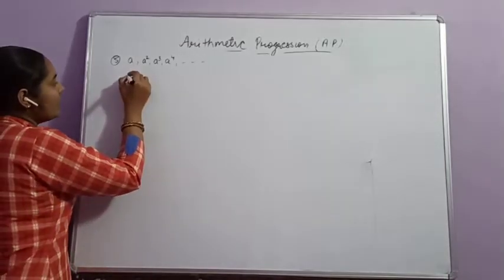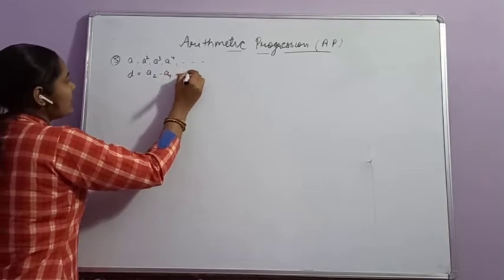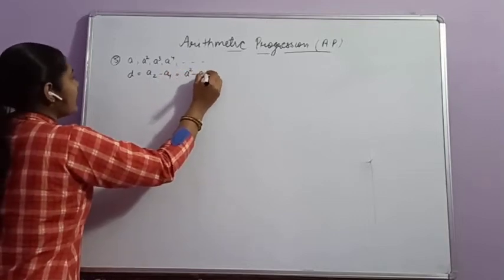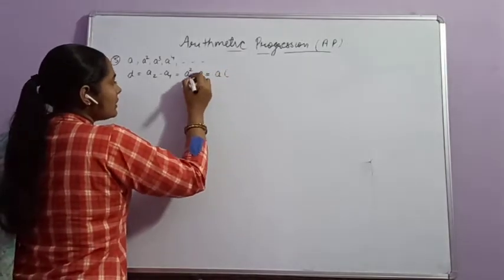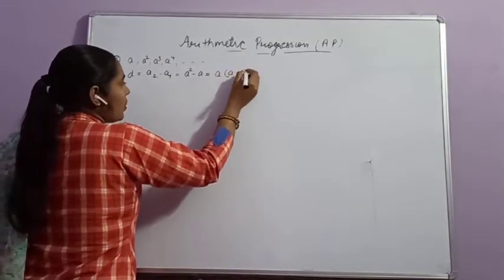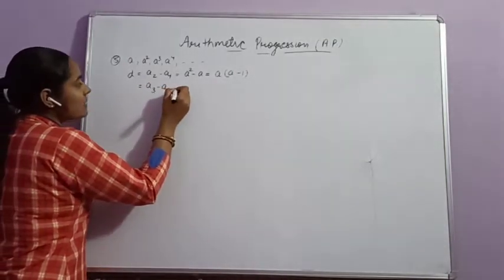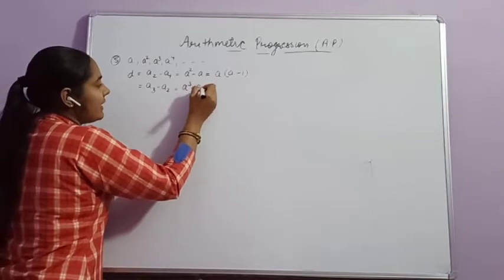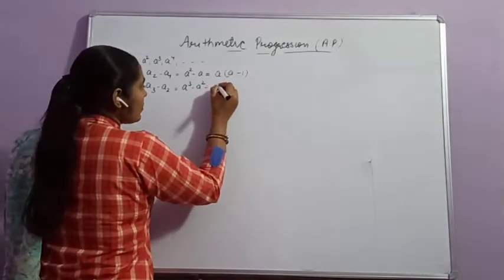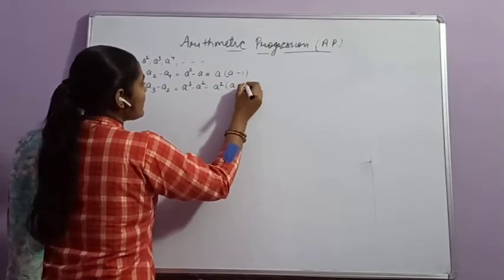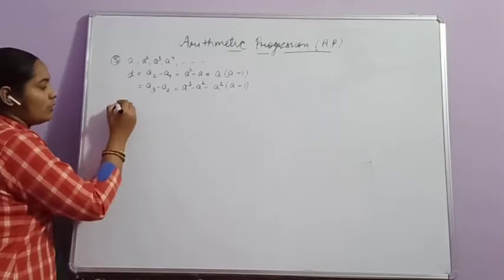Now we calculate D for A2 minus A1, that is equal to a square minus a, that is equal to, we can take a common from both, then a into a minus 1. Similarly, A3 minus A2, that is equal to a cube minus a square, and a square is common from both, a square into a minus 1. Is the D same for both? No.